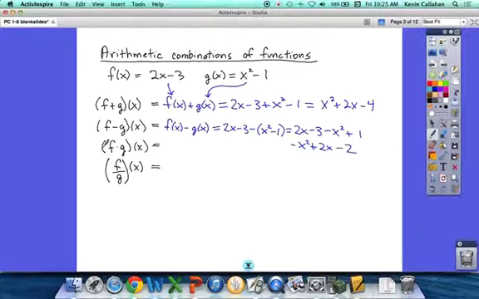The next is a multiply, using just a little dot to mean multiply. And that means f of x times g of x. Substitute. 2x minus 3 times x squared minus 1.